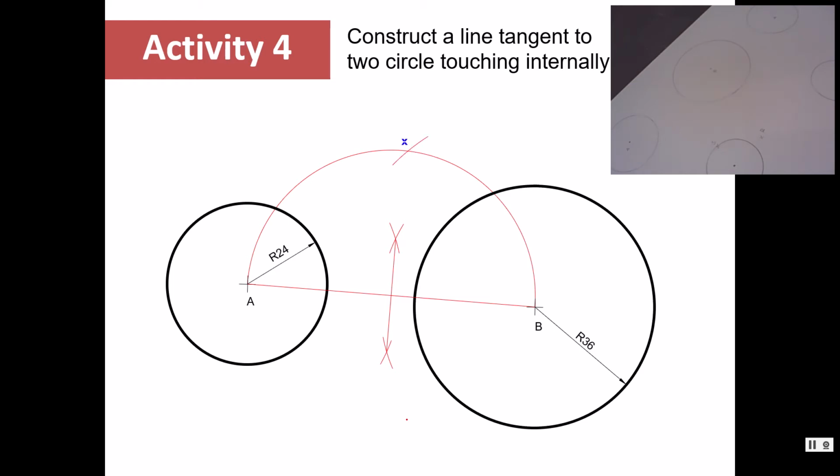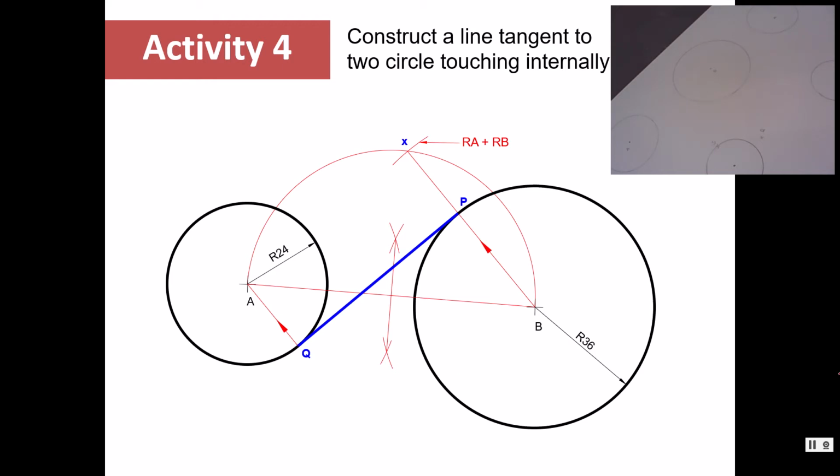And then we want to find X, in which for this one X equals RA, the radius of A, plus the radius of B. The radius of A 24 plus radius of B 36, that means it's 60. And then after that you can draw the P and the Q.